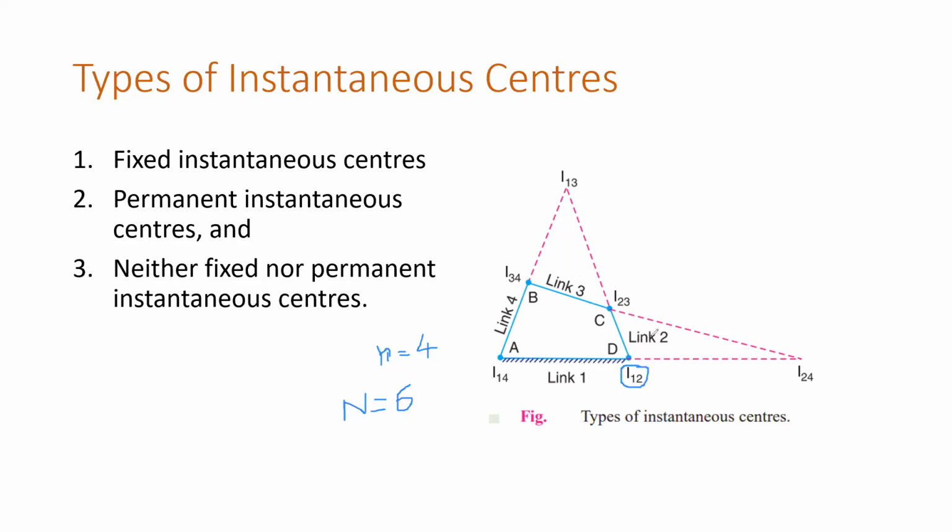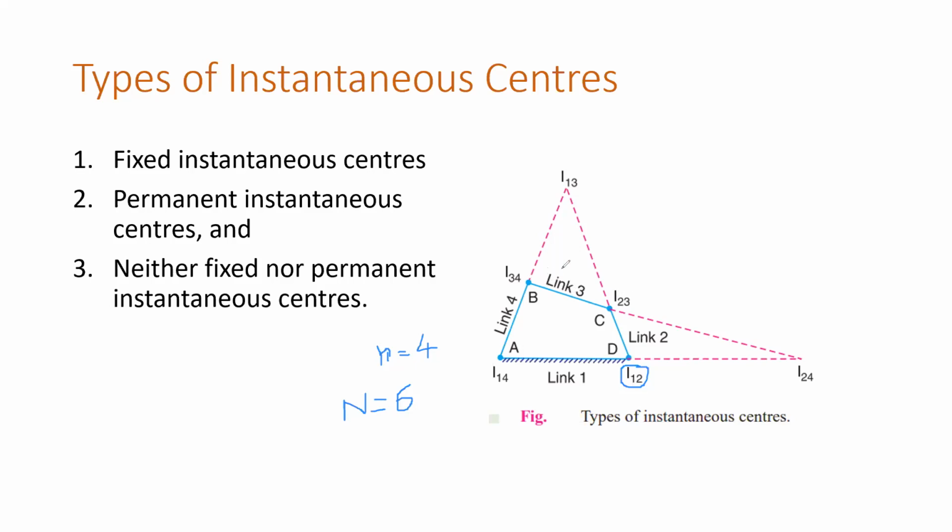Here is the pin joint where link 2 and link 3 are connected, so at this point the ICR for links 2 and 3 will be there, which I will call I23.